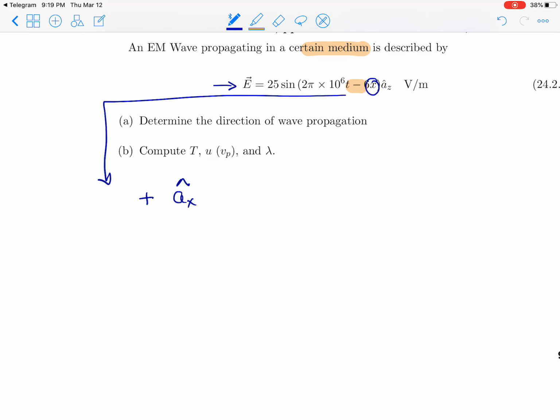The second part is asking us to compute T, u, and the wavelength lambda. Your textbook is using u for phase velocity. In the previous lecture, I used Vp. We're going to use both.